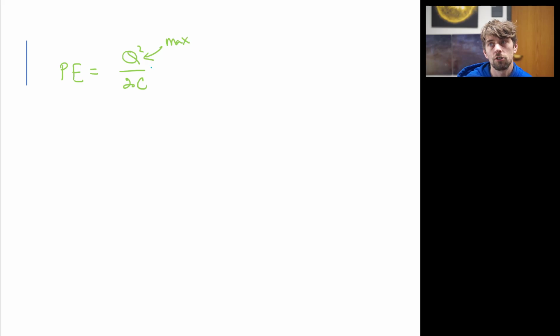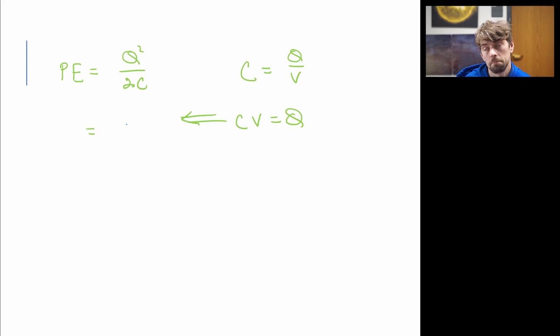That's the starting charge, or maybe it's the maximum charge if the capacitor is fully charged. But we could also use this idea that C is Q over V. So we could substitute in C times V is equal to Q, and we could substitute that into this expression.